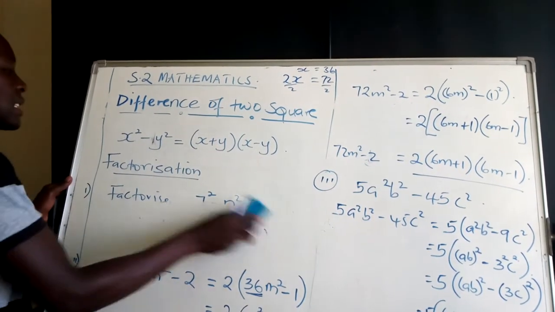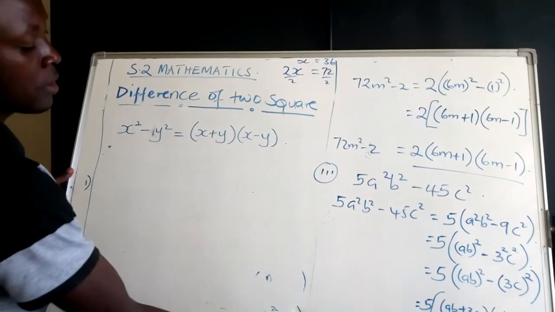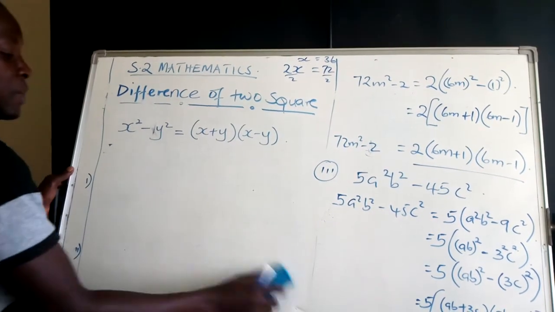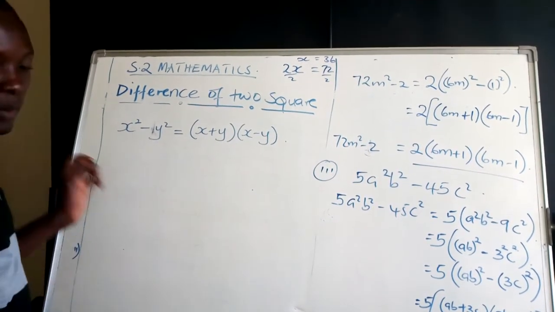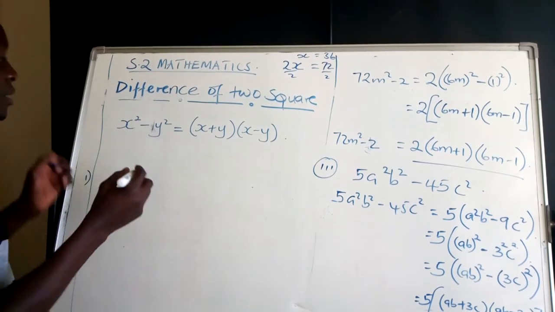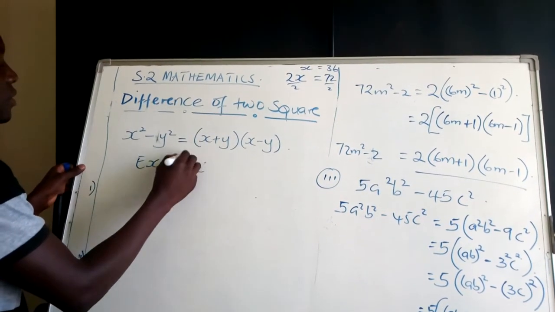I'd like to give you at least 3 numbers that you're going to try out using this identity here, so that by the time we come back looking at other quadratic expressions, you may be in position to follow. Say exercise that you're going to try out.